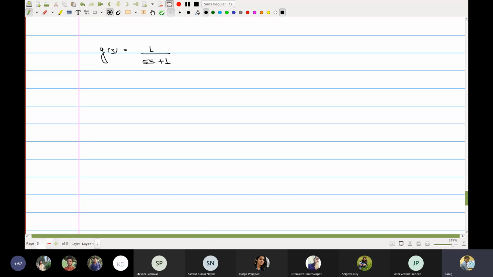But you need to be very careful, because you not only need to look at the transfer function, you also need to look at the composition of the system. So if this is an overall transfer function, what you need to look into is how the system is composed.